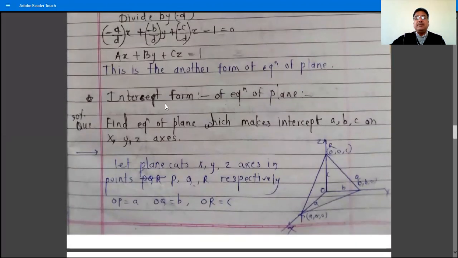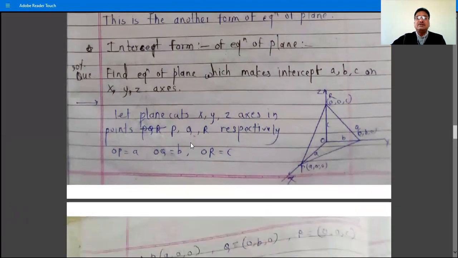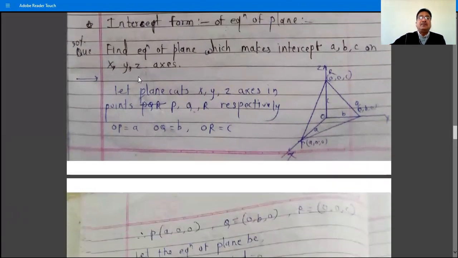Next, the equation of a plane in the intercept form. This is also important. The question is: find the equation of the plane which makes intercepts a, b, c on the x, y, z axes. That is, the plane cuts the x-axis at a distance a, the y-axis at a distance b, and the z-axis at a distance c.